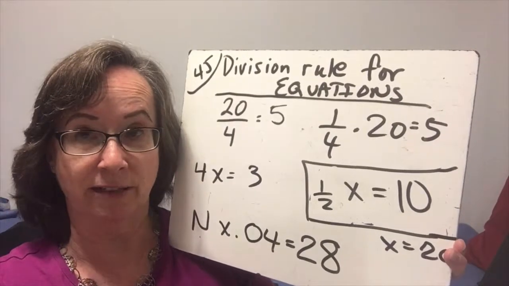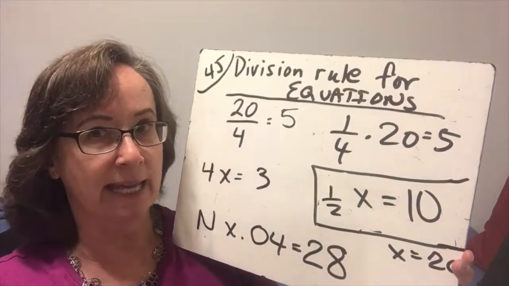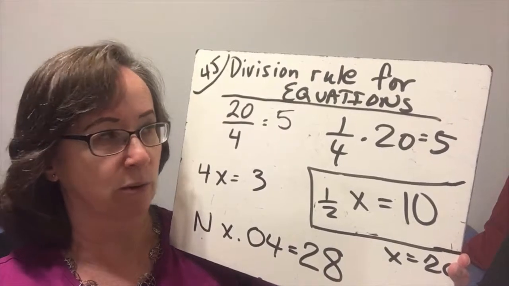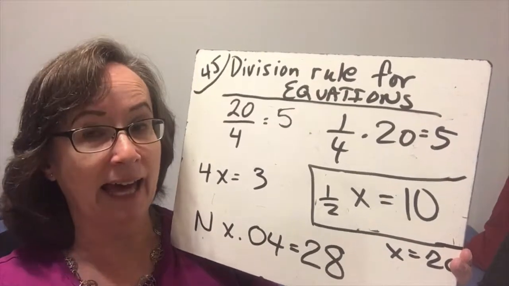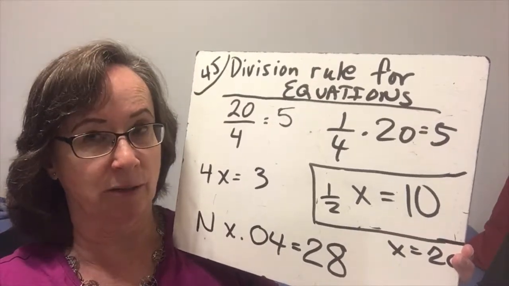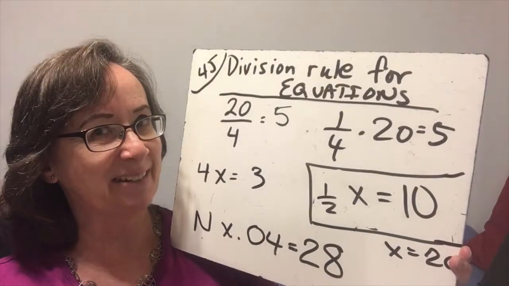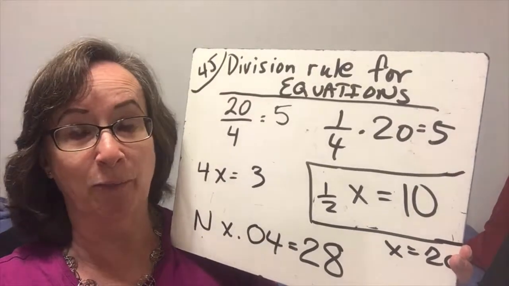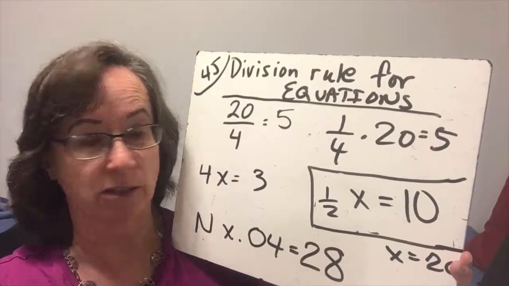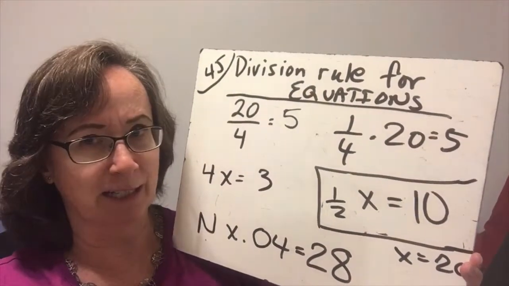They are equivalent, aren't they? So now today we're going to use this rule that we can divide both sides of an equation by the same non-zero number, and we maintain equivalent equations, okay? So it's a good solution method.